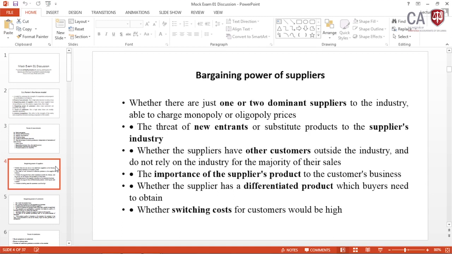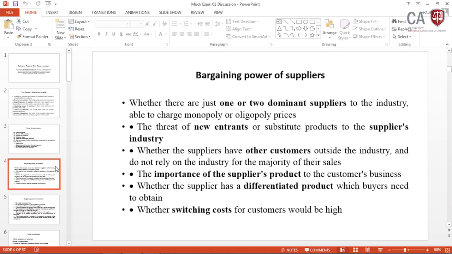Whether suppliers have other customers outside the industry and do not rely on the industry for the majority of their sales, yes, they will have customers outside the industry also. Here the substitute product will be like other milk powders. Here we are talking about the malt powders, no.